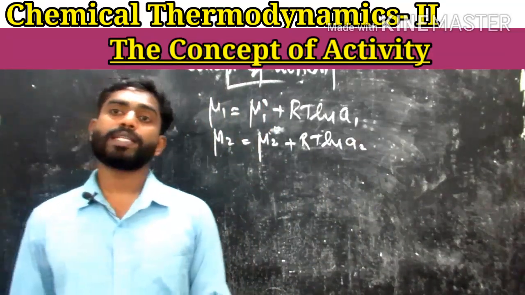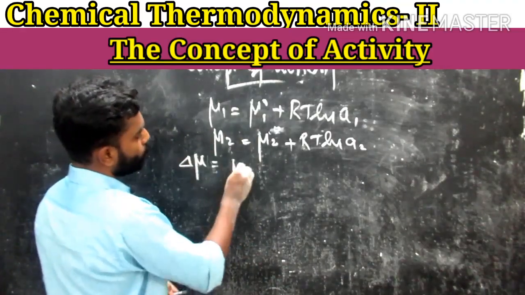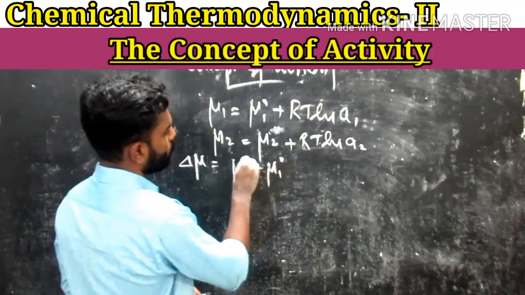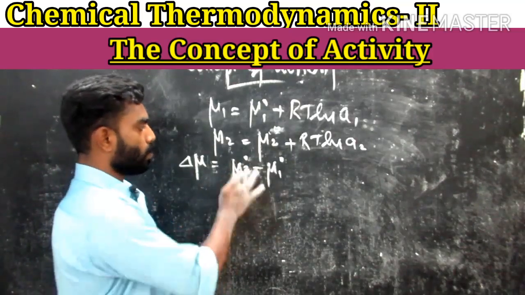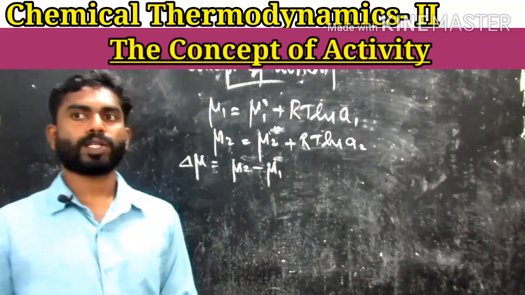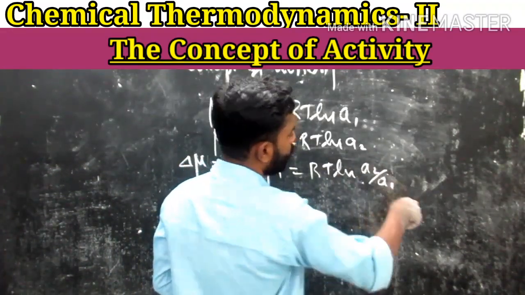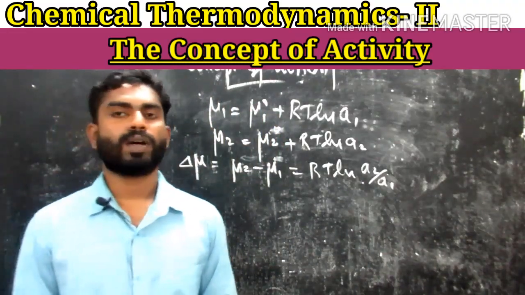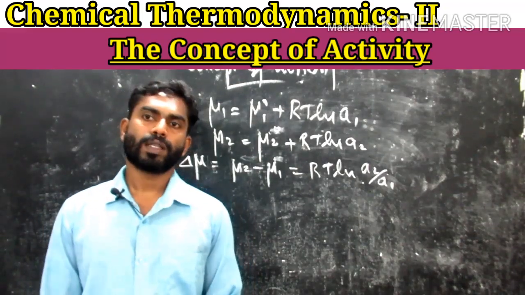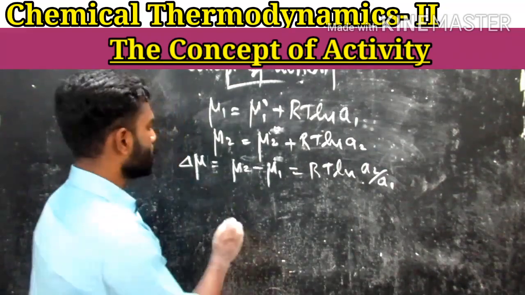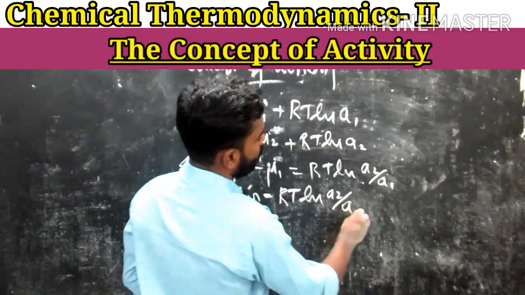Then the change in chemical potential, delta mu, is equal to mu2 minus mu1, which is equal to RT ln A2 divided by A1. Well, delta mu is the delta G. In this particular case, where the quantity considered is 1 mole, delta G is equal to RT ln A2 by A1.